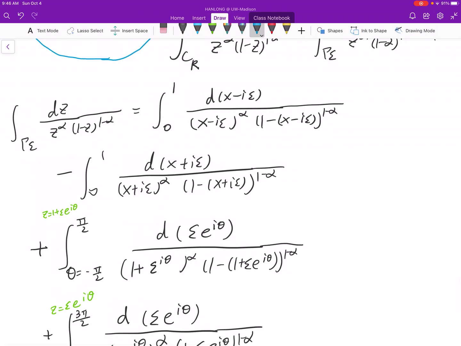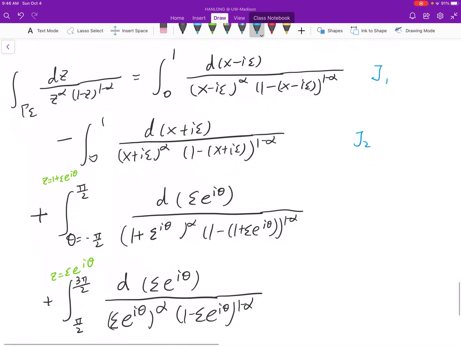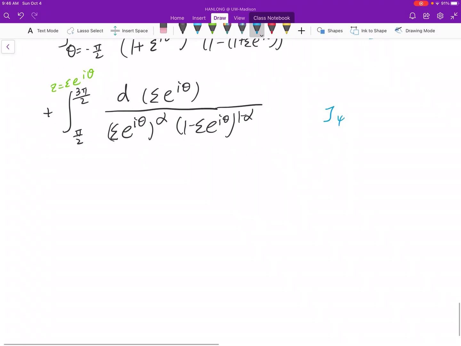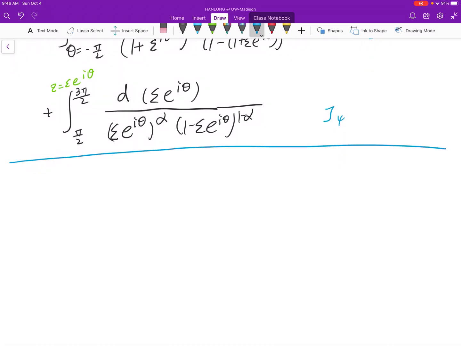So let's call this J1, this second one J2, J3, J4. Okay, first, now we need to estimate all those subintegrals.